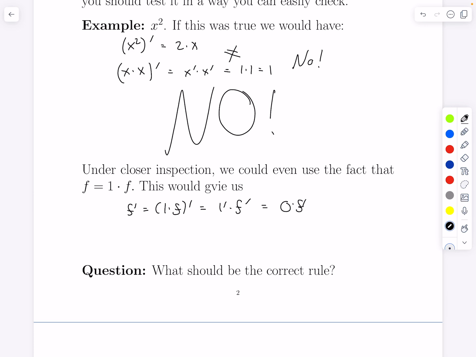But 0 times something is 0, so that would mean actually the derivative of any function would be 0. Yeah, that would make our life easier, but also less interesting. So really no. Okay, so the question is what should be the correct rule, so it cannot be so simple.